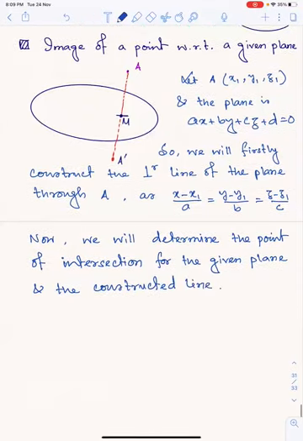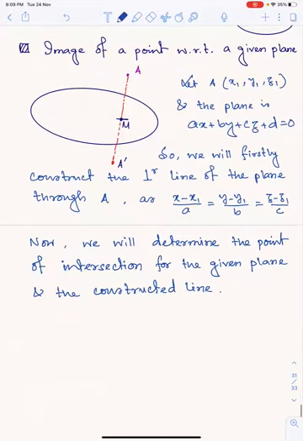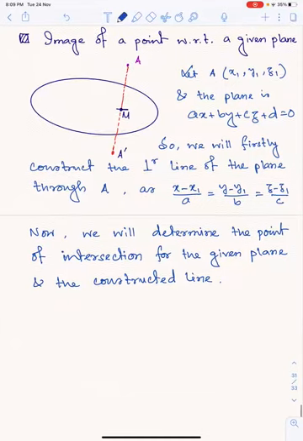We can perform so by the earlier theory. We have just now gone through that idea, how to decide the point of intersection for a plane and a line. Say M.